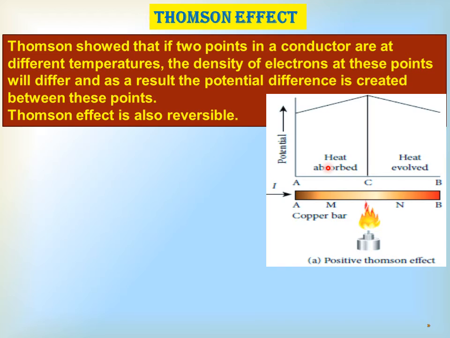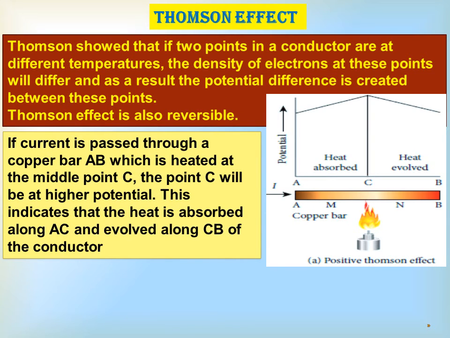Here, in the positive Thomson effect, heat is absorbed between A and C and heat is evolved between C and B. Here we have a copper bar from A to B. This is the potential level and this is the current. If you pass current through the copper bar AB, with the middle point C heated, point C will be at higher potential.